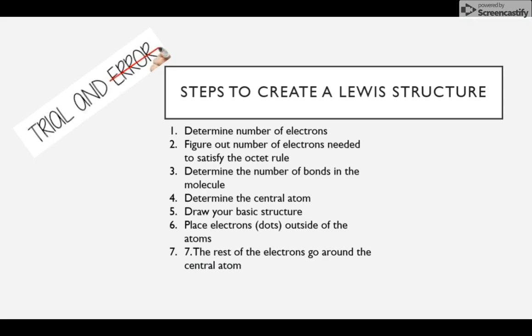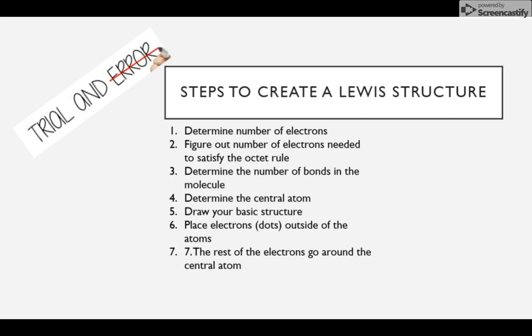So when you are creating a Lewis structure, people have different orders and the way that they want to create it, but I listed 7 steps to how I would do it.